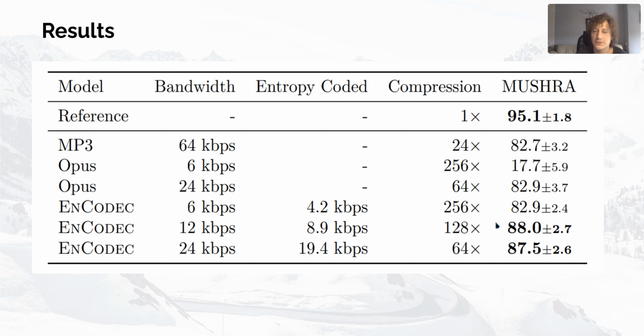One of the questions which my colleagues have about this paper is why did the authors use MUSHRA, this MUSHRA score? MUSHRA score is a kind of gold standard metric for comparing different codecs. And yeah, it's a standard for comparing different codecs. That's fine.